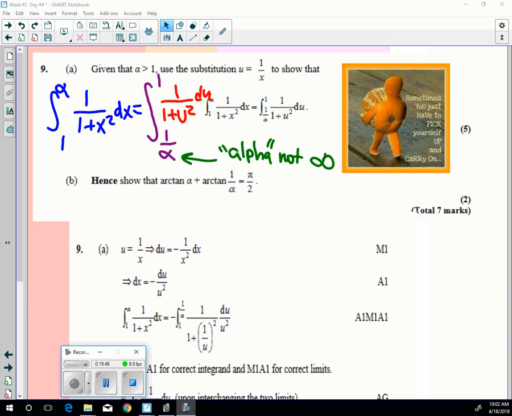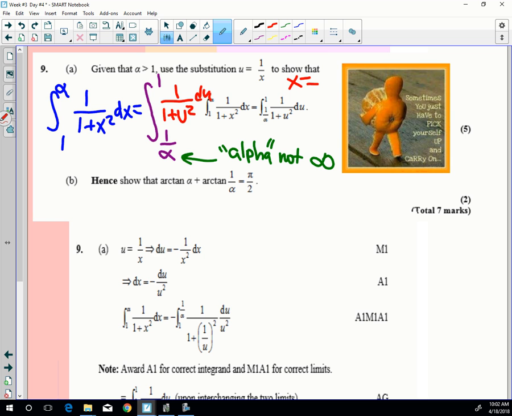For number 9a, I think the tricky part here is knowing that this is just a substitution for a. That's all they're doing. So you start with 1 over 1 plus x squared dx. Okay? Wherever you see an x, we're going to substitute it with 1 over u.